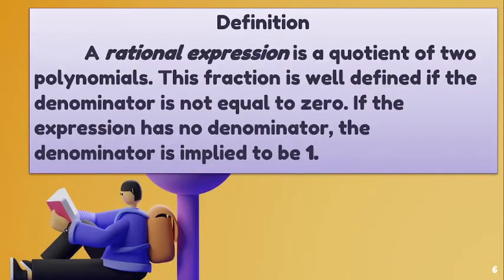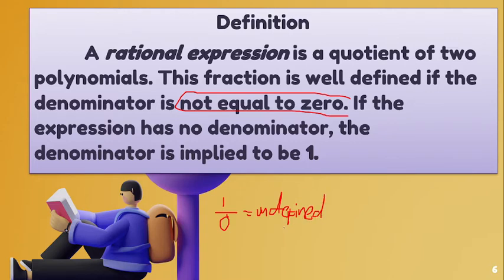Definition: a rational expression is a quotient of two polynomials. This fraction is well defined if the denominator is not equal to 0. If the denominator is equal to 0, it is undefined, it cannot be graphed or solved. Please take note.